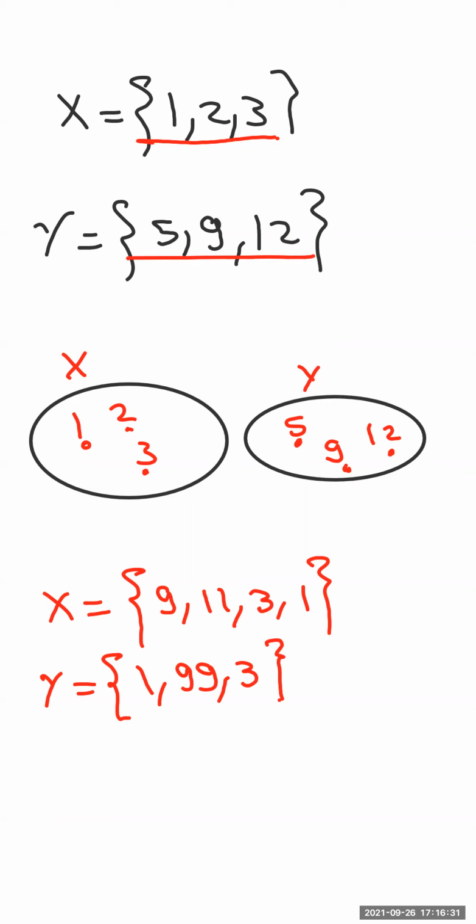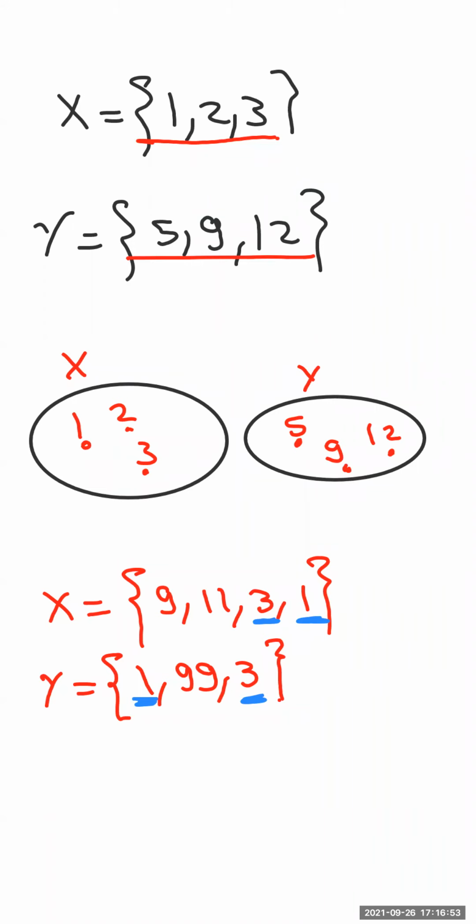Here 1 and 3, and here also 1 and 3. That's it. There is a big difference between 1 and 11, and 9 and 99, because one is the number 9 and the other is the number 99.